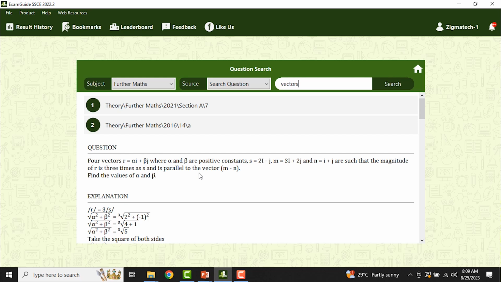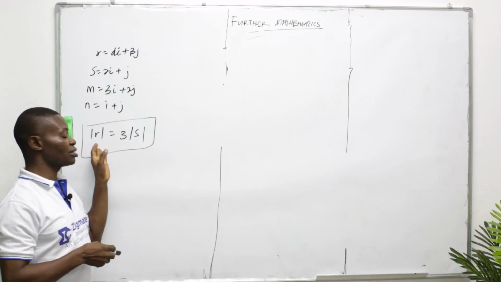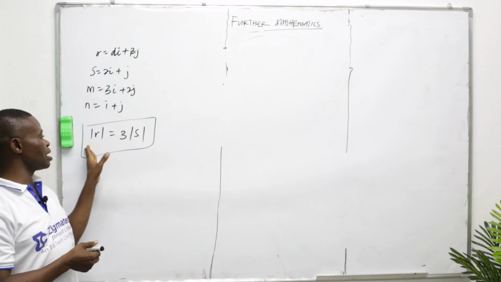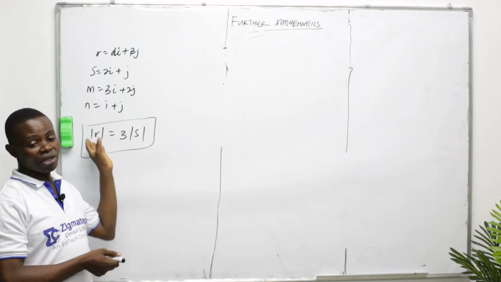Magnitude of R equals 3 times the magnitude of who? S. Can you see that I've just expressed that statement? One thing in a word problem is your ability to understand what they are talking about, then apply the knowledge you have.